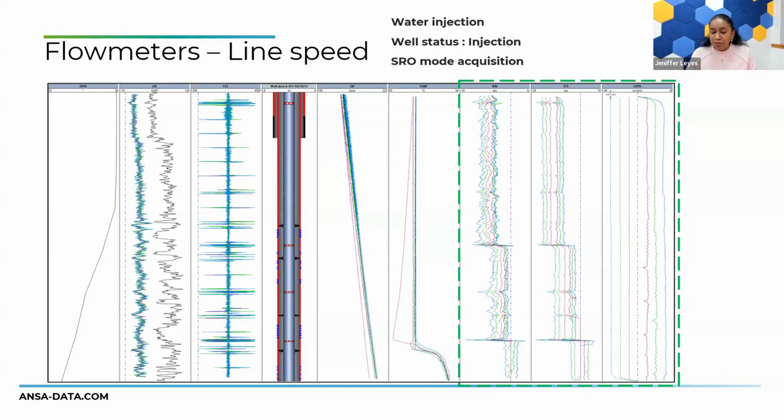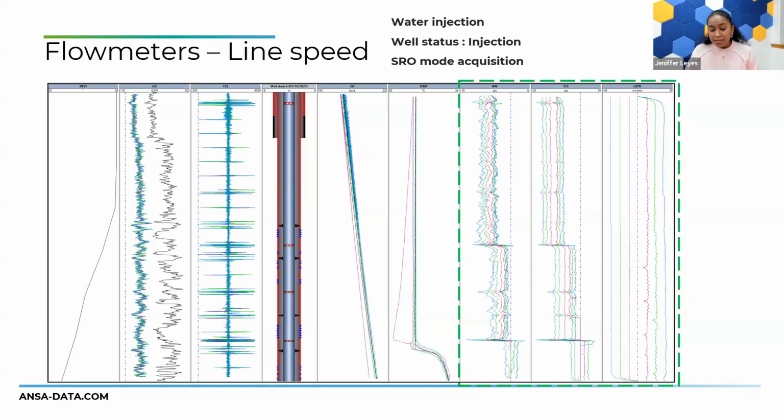From the QC point of view, it's important to make sure that these passes are acquired at a steady speed. That will be our first QC of the line speed, making sure it is as constant or as stable as possible. We are not too interested in the value of the velocity itself, but as long as once we are at a certain velocity, that velocity is kept steady.